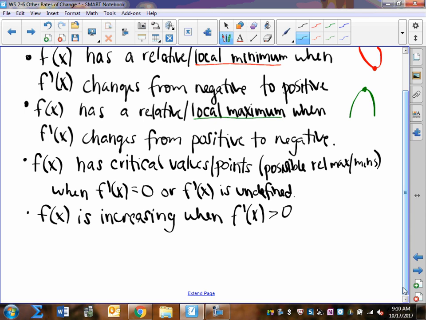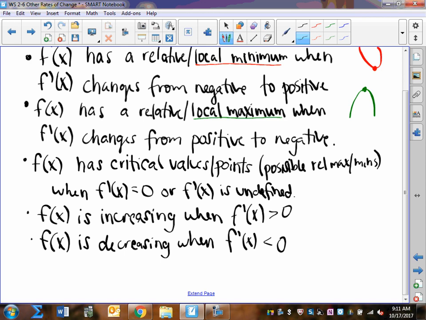So when asked for intervals of increasing, you're going to find all this when doing your maxes and mins and your number line test. If you got your intervals positive, that means it's increasing. And then let's take a look at decreasing. My original function is decreasing when, can you guess what the derivative is going to be? Less than 0, negative.